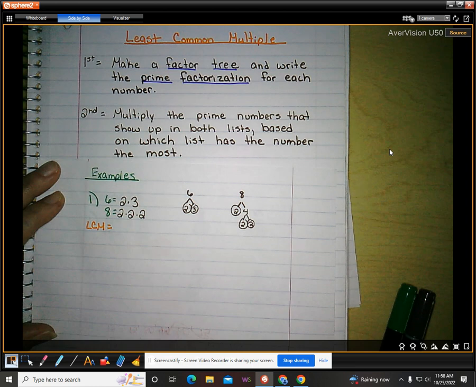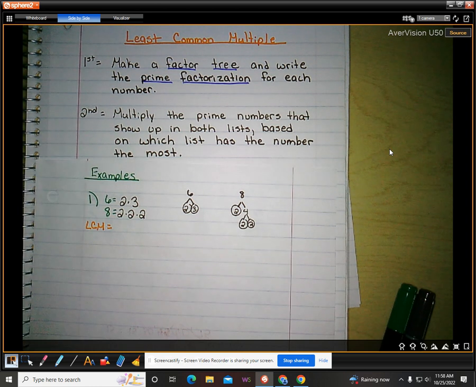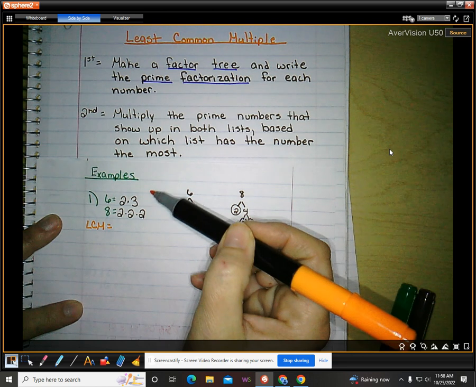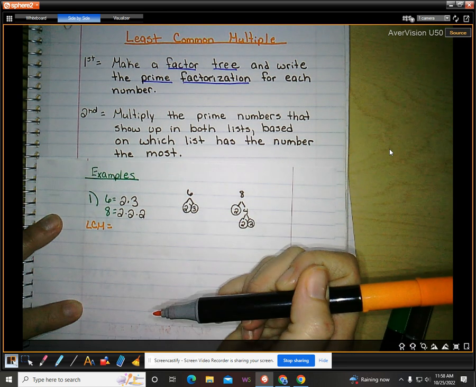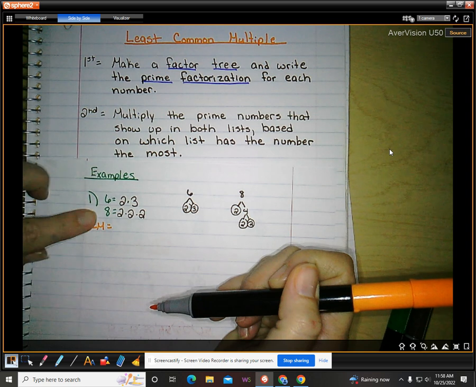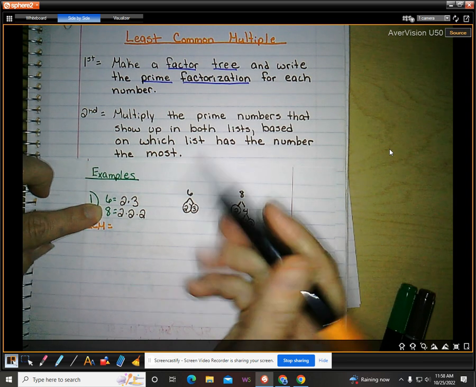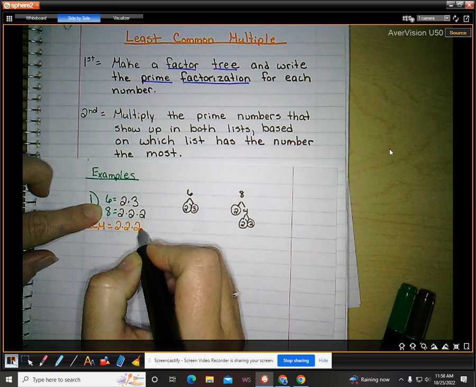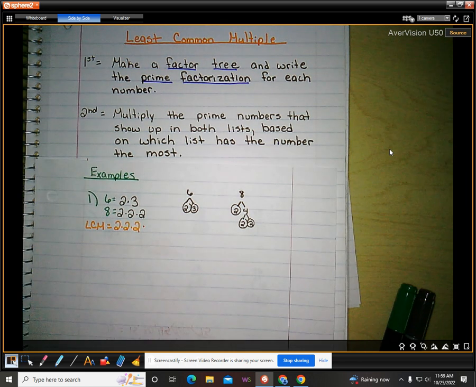So in finding LCM, you're going to have to use 2 and 3. Which list has the most 2's? Mateo? And how many 2's does it have? So to find our LCM, we're going to have to multiply 3 2's. Which list has the most 3's?